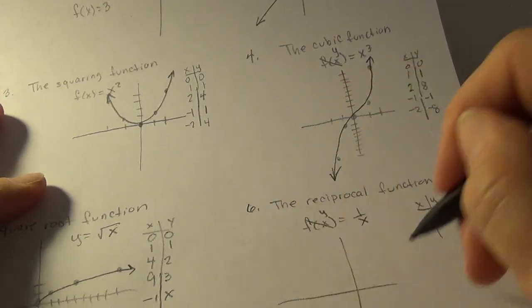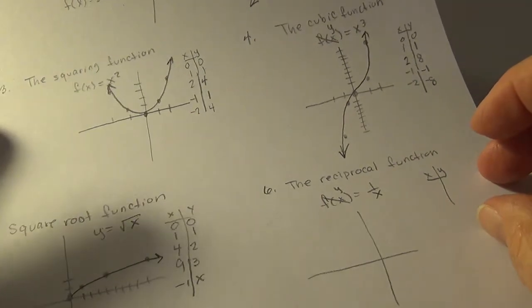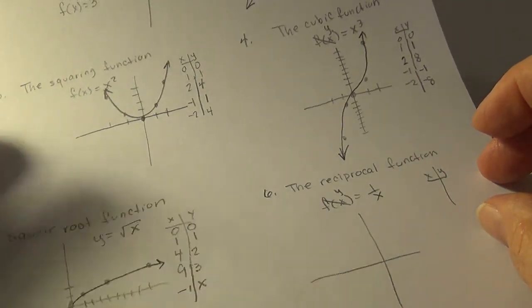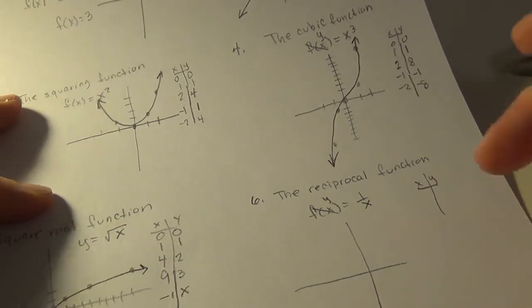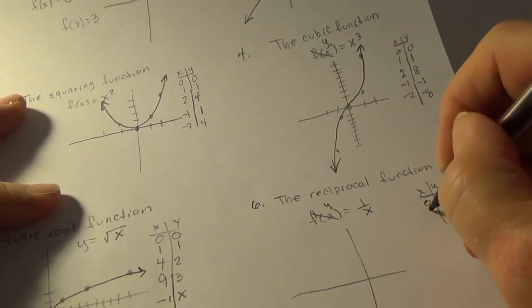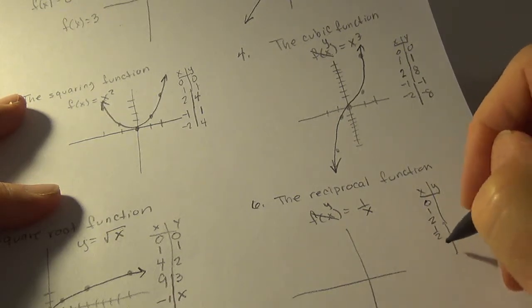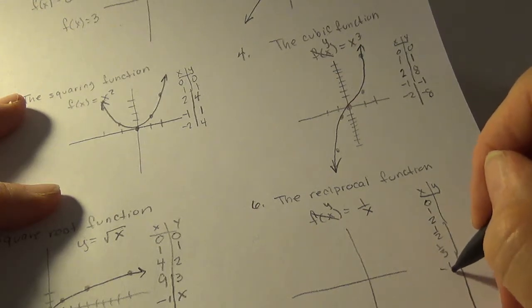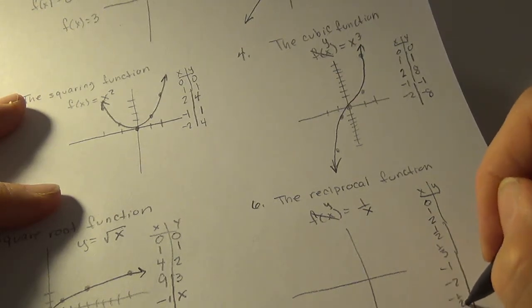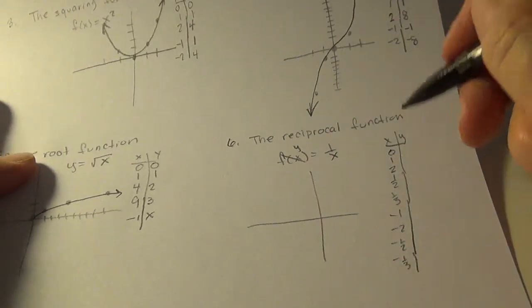So put in some values for that, like 0, 1, 2, 1/2, 1/3. And let's do some negative ones. Negative 1, negative 2, negative 1/2, negative 1/3. See if that gives us an idea of what's happening.